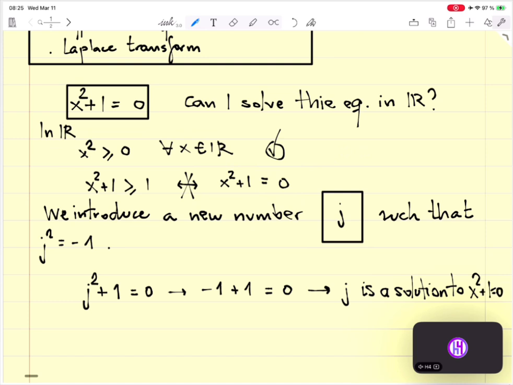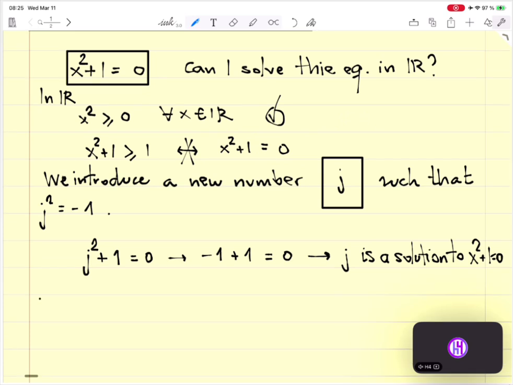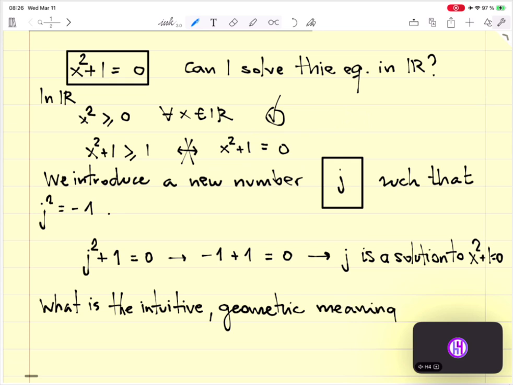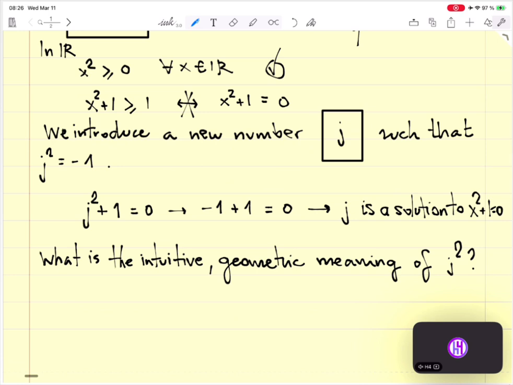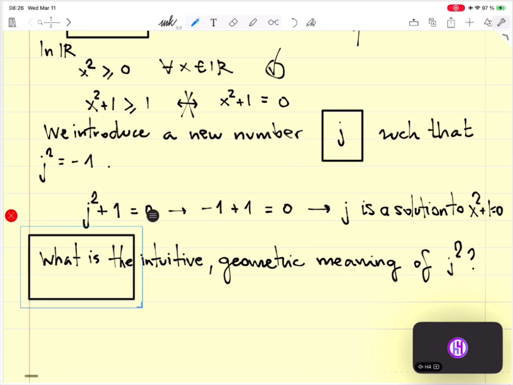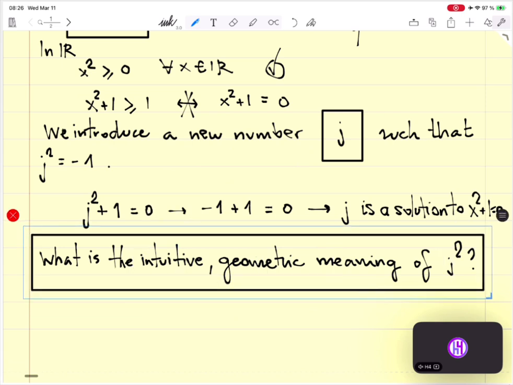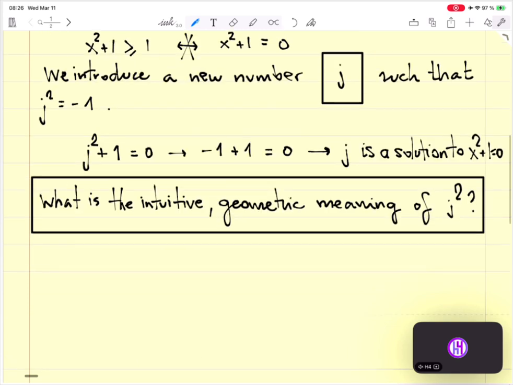Okay, what is the intuitive geometric meaning of j squared? This is something that nobody explained to me. I wish they would have. So you're lucky you're getting it explained right now.